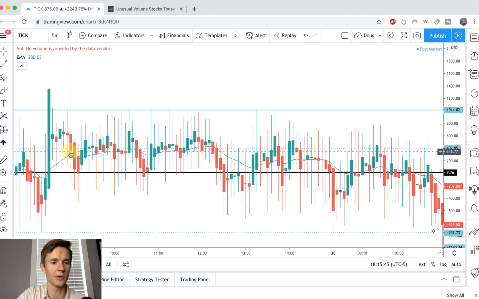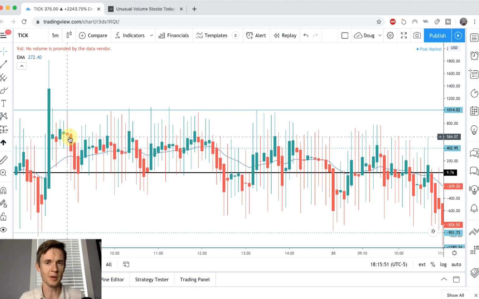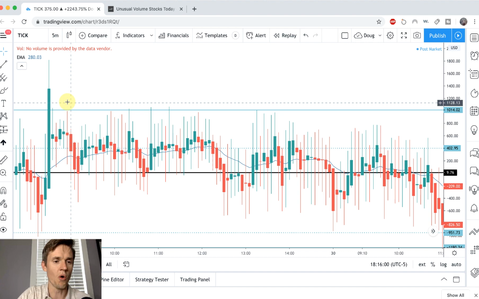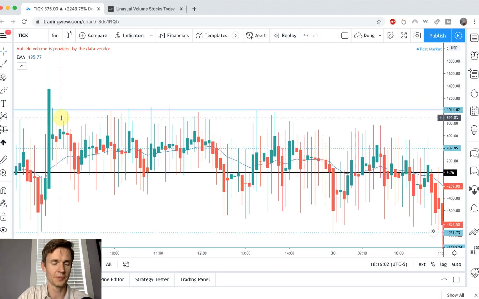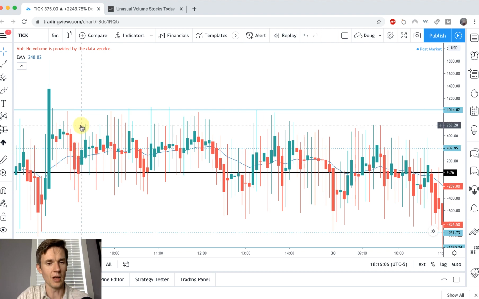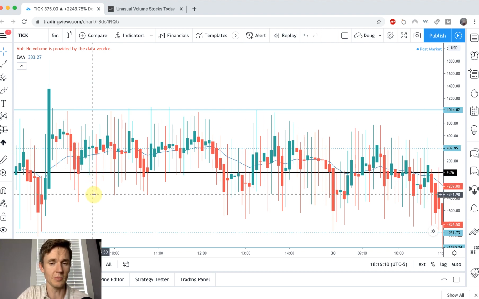So a tick chart measures the overall stock market, a whole huge bundle of stocks ticking up or ticking down. So is their price ticking up or is their price ticking down? This gives you an overview of the entire market. Now, the general idea behind this is if you're above the zero line, it's kind of bullish. If you're below the zero line, it's most likely bearish.